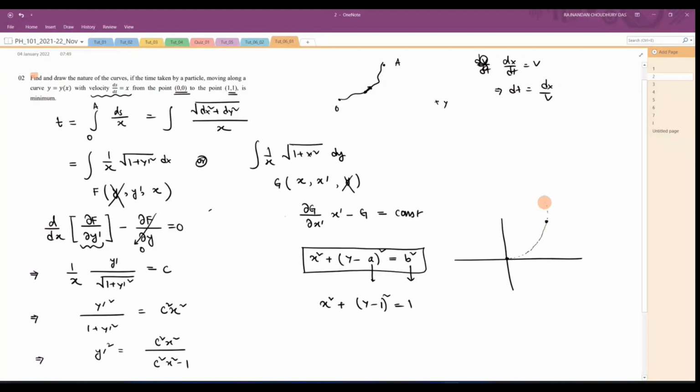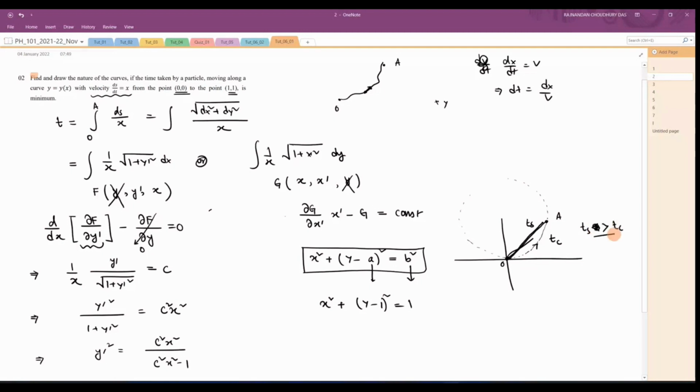The circle will look like this, and this particle will start from O to A following this circular arc path, with the constraint that at every point it will have this velocity ds by dt equal to x. And the time taken from this to this will be minimum only for this path. If you take a straight line path and find the time taken, you will see that this time will be greater than the time for the straight line path.